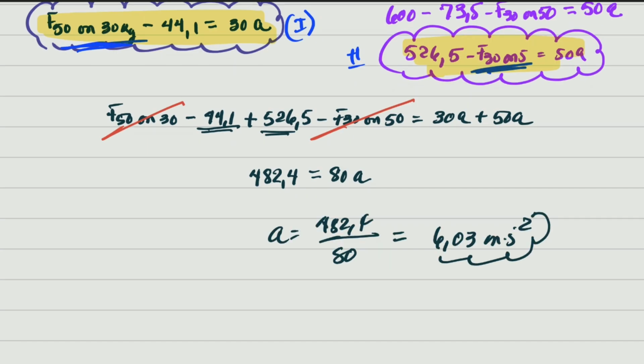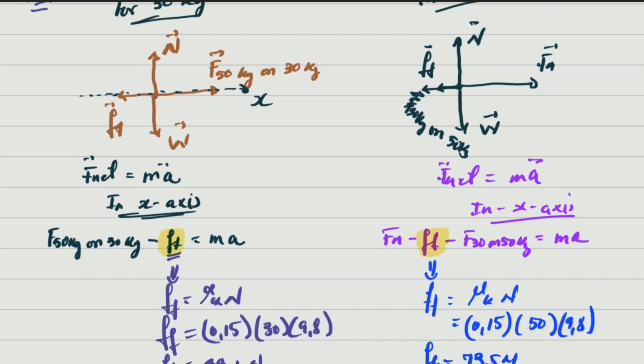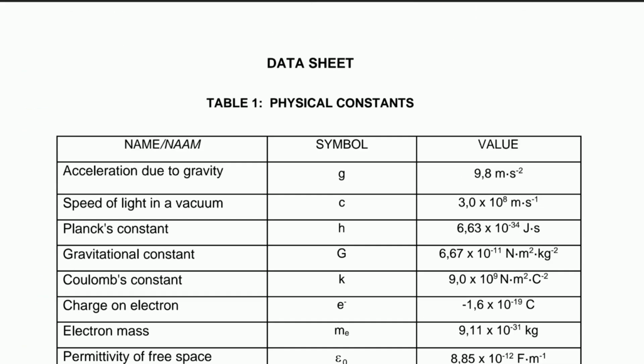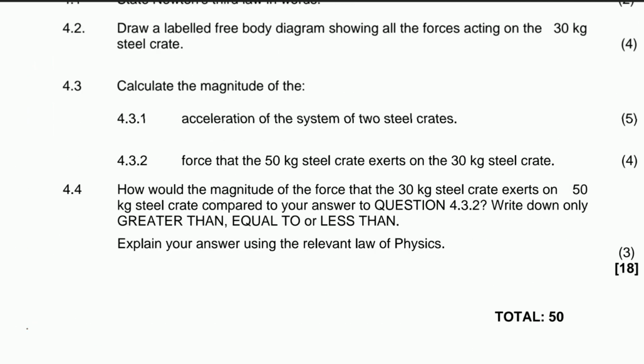And here is the answer for the acceleration of this object. Calculate the magnitude of the acceleration, so no direction needed. I hope you understand this one. It's a very good question for a test, guys. It's a very, very good question.